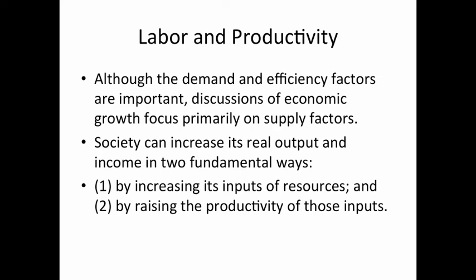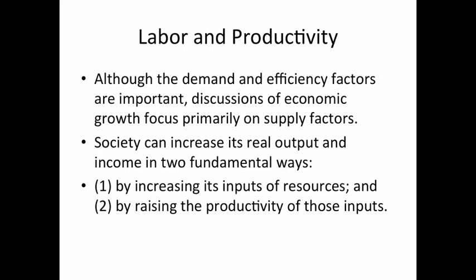The next point is to say that although the demand and efficiency factors that we discussed are important, really most discussions of economic growth look on the supply side, on those factors that we discussed on the supply side that can foster economic growth. So society can increase its real output and therefore income in two main ways.